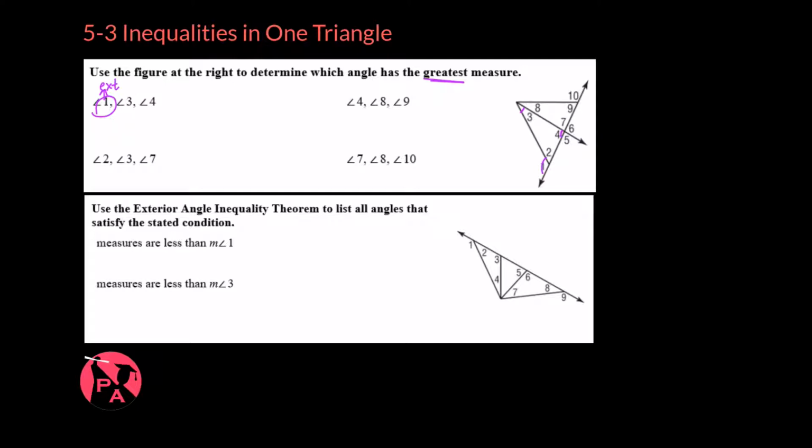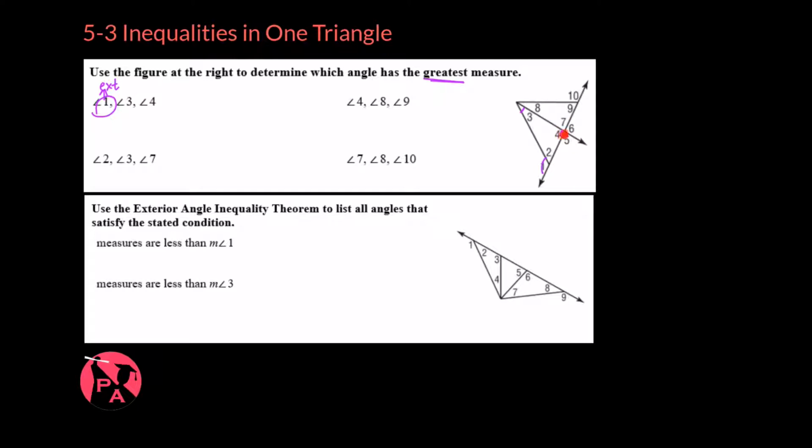Now let's move on to the next one, angles 4, 8, and 9. First we are going to locate them. If one of them is the exterior angle according to the other two, then that's going to be the greatest measure. So let's look at angles 4, 8, and 9. 4 is here, 8 is here, and 9 is here. So these two are the remote interior angles of this triangle according to angle 4.